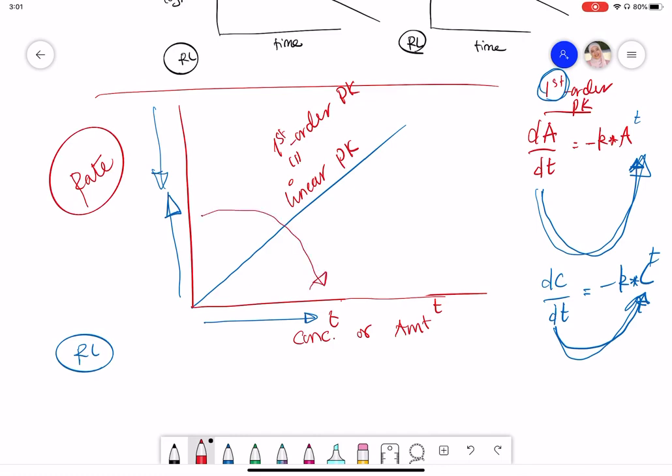And in one of the examples in kinetics, let's say the rate of elimination of the drug, it's proportionally related to the amount or concentration of the drug in the body at a certain time. So that's why we call it linear kinetics.